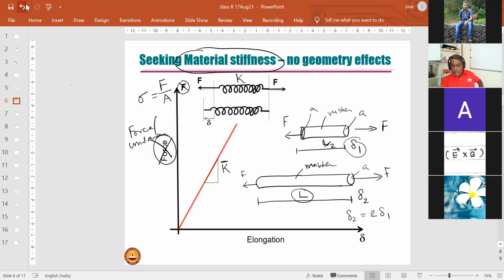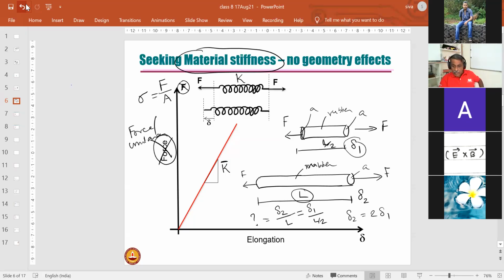But on the other hand, if I take delta 2 and delta 1, if I divide delta 2 by 2, I should get delta 1. Or in other words, if I take delta by L here and delta by L by 2 here, will I get the same value? The answer is yes.